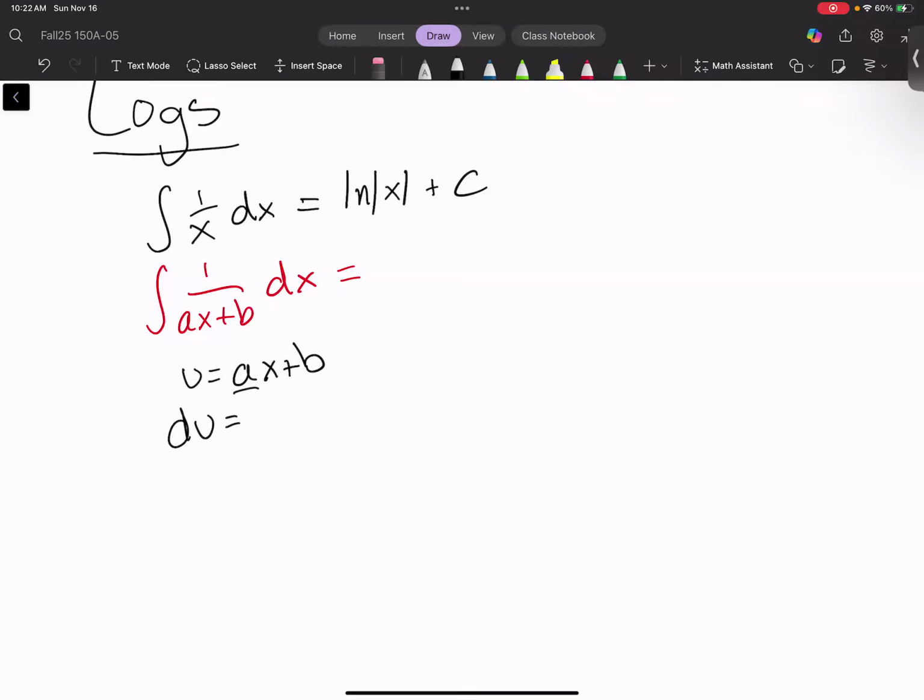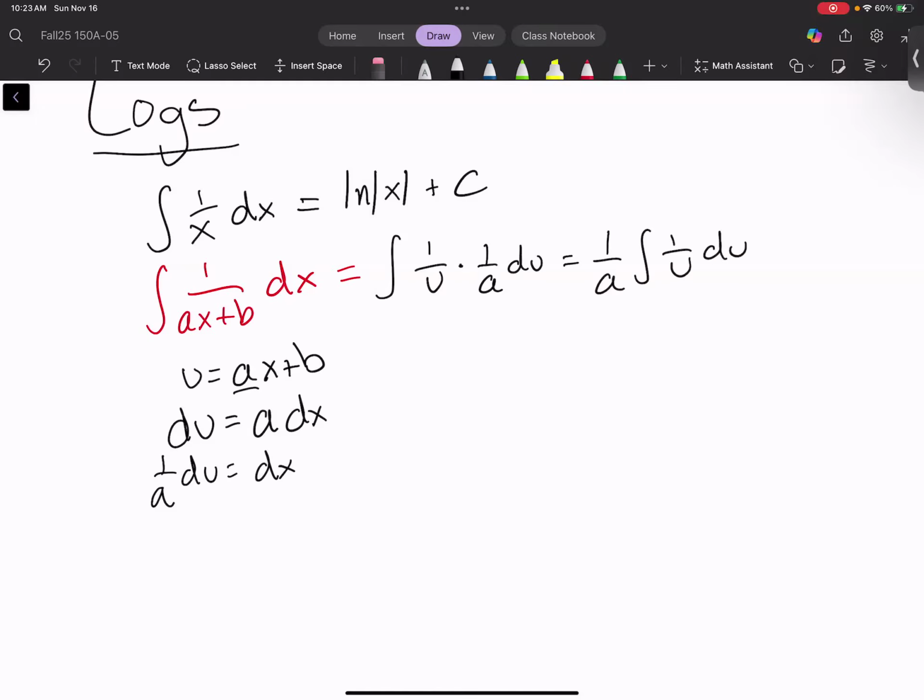Okay, the derivative of this is just going to be a dx, and then we can divide by a on both sides. Okay, so this is the integral 1 over u times 1 over a du. So I can pull out that 1 over a, and it's just integral 1 over u. Okay, so that's 1 over a natural log absolute value of u plus c. And we can stick the ax plus b back in there.